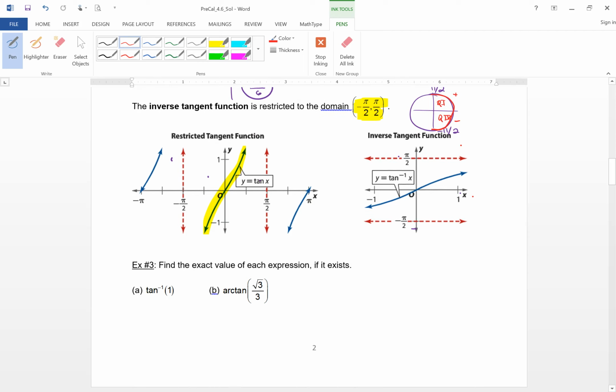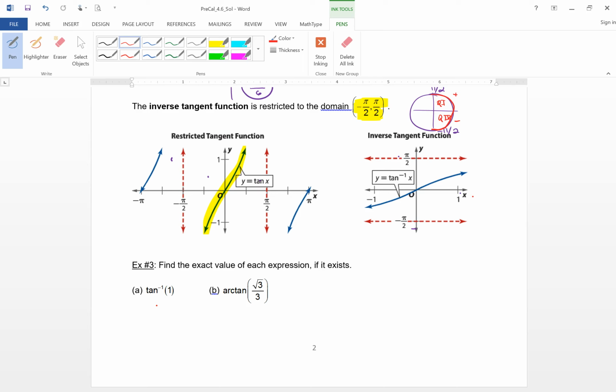All right, so let's do this one. Arc tangent of 1. What angle gives you a tangent of 1? Tangent of which angle is always 1? 45 degrees. Tangent of 45 degrees is always 1, remember?